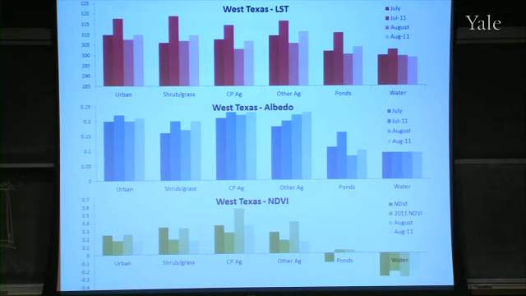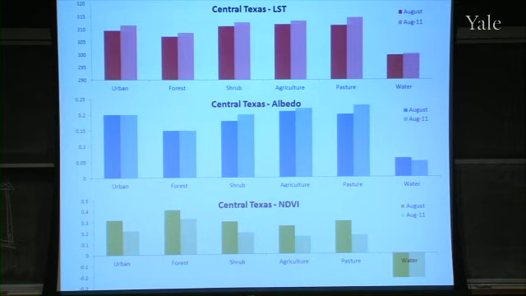And you get a similar contrast in regions when you look at central Texas. Here we only did it for August, so you just compare August of a normal year, August of a drought year. Notice that, except for the water, all of these are responding in a qualitatively similar way. There's not a great deal of difference.